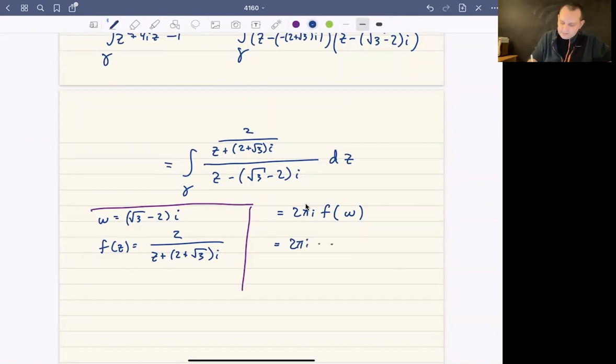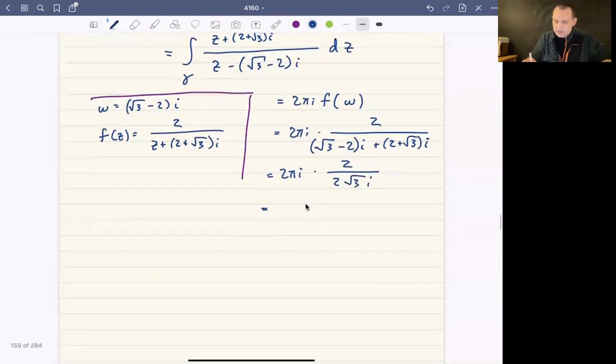Well, that's going to be 2 over square root of 3 minus 2i plus 2 plus square root of 3i. And so the 2 i's cancel. And you're going to end up with square root of 3i over square root of 3i. And you end up with, let's see, the 2's cancel, the i's cancel, and you end up with 2 pi over square root of 3.